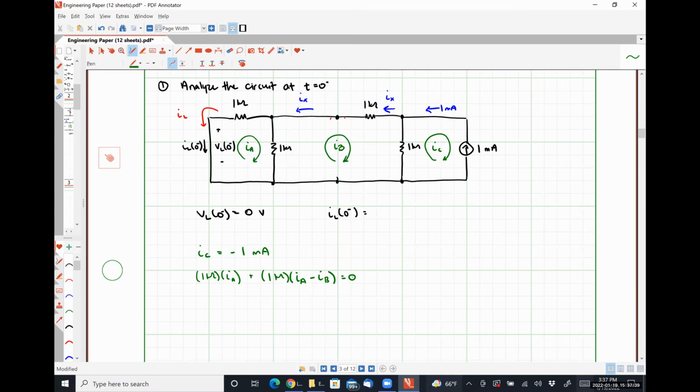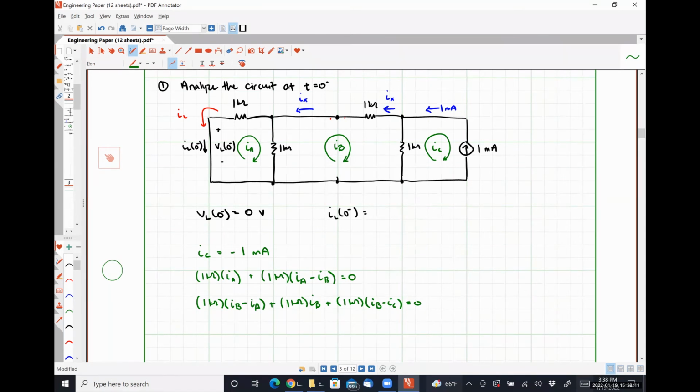Then we have our KVL around mesh B equation. So that's going to be 1 kilo ohm times IB minus IA, plus 1 kilo ohm IB, plus 1 kilo ohm times IB minus IC is equal to 0.